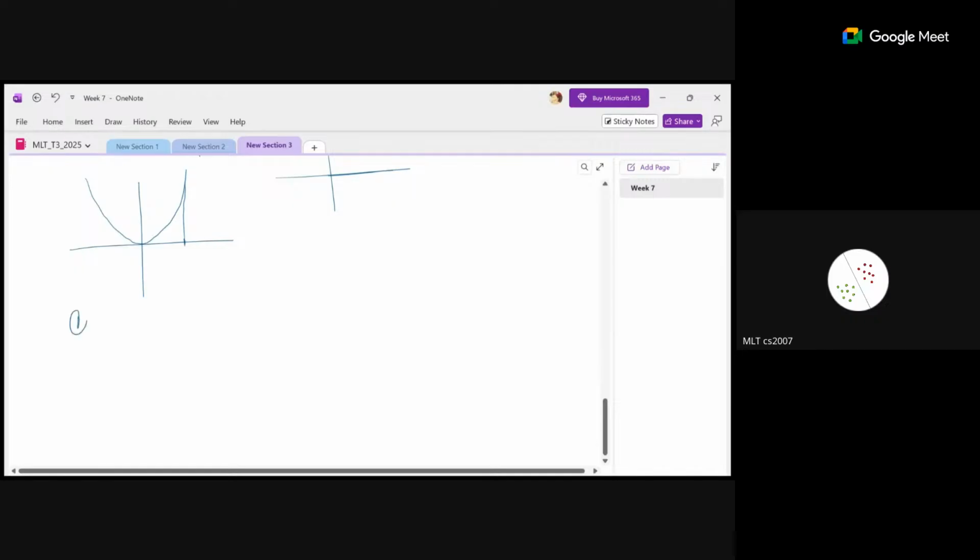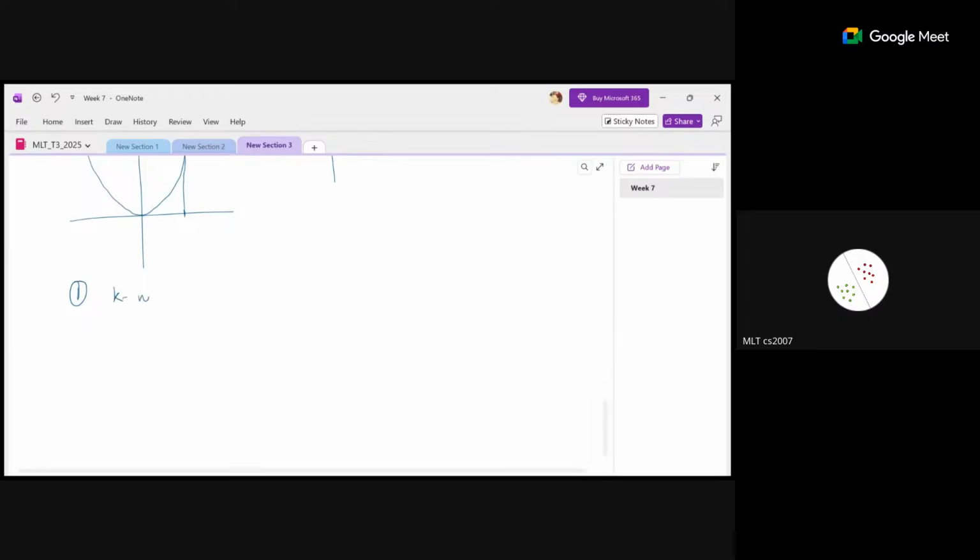The algorithms that we're going to look at in week 7 are, one, k nearest neighbor, which is the simplest classification algorithm that one can come up with, and the second, the decision tree. These are not the only classification models. There are many more.